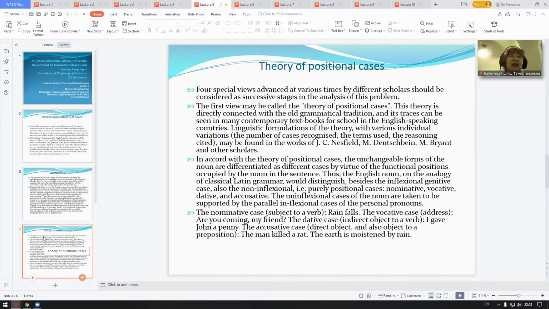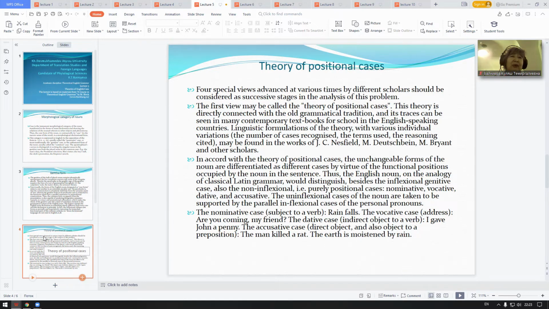Thus, the English noun, on the analogy of classical Latin grammar, would distinguish besides the inflectional genitive case also the non-inflectional and just purely positional cases, nominative, vocative, dative, and accusative. The inflectional cases of the noun are taken to be supported by the parallel inflectional cases of the personal pronouns.